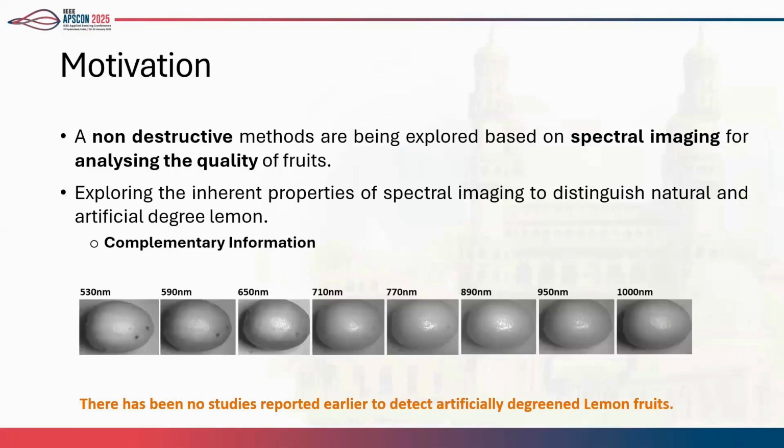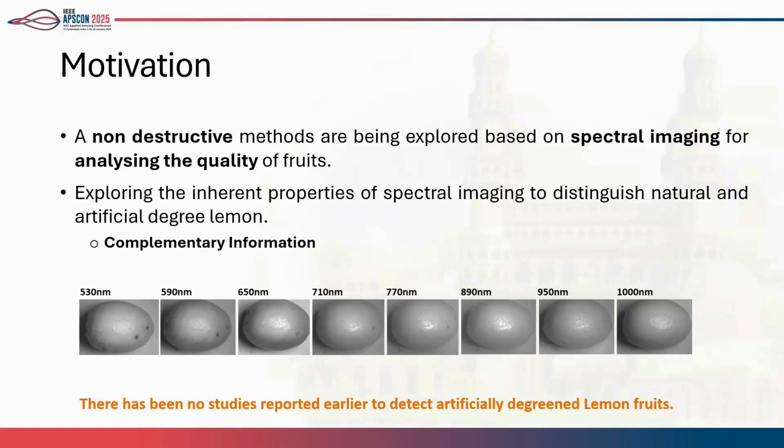For detection of these techniques, there are no studies which we could find. We did find some studies that analyze the quality of the fruits, especially chemical treatment, but these are laboratory-based methods where destruction happens: taking the peel of the fruit, and then by chemical analysis you try to detect what kind of chemical has been present inside the fruit.